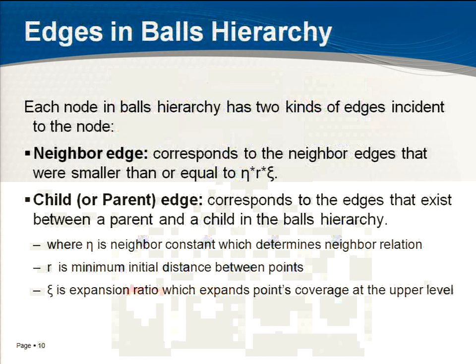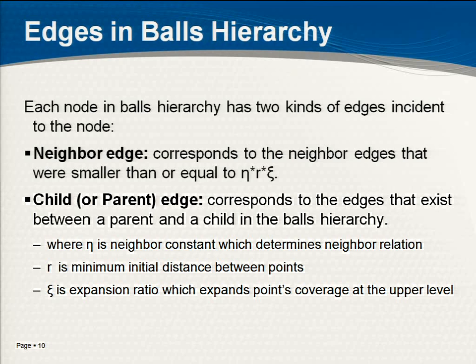So, indeed, this is important edges. One average, other one child. What is average? There are two cluster balls, and distance between them is more than or equal to negative times expansion ratio.